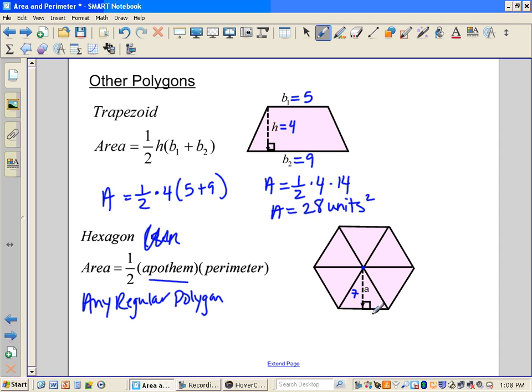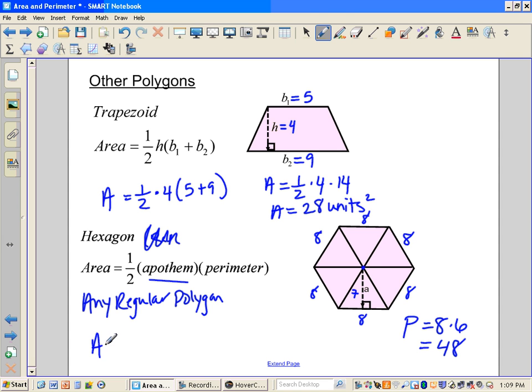and our length here, let's just call it 8, so that if we wanted to find just the area of one triangle, I would do half of the base, 8, times the height. That's sort of like what this is here, right? Except since I have 6 triangles, or a hexagon, I don't want to do it just for one triangle, I want to do it for all 6. So I'm going to use a perimeter of 8 plus 8 plus 8 plus 8 plus 8 plus 8, or 8 times 6, my perimeter is 48.